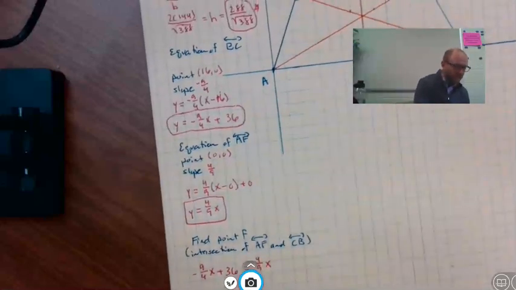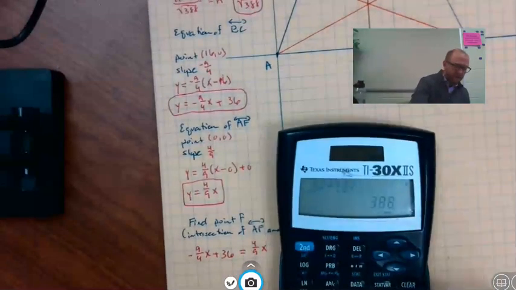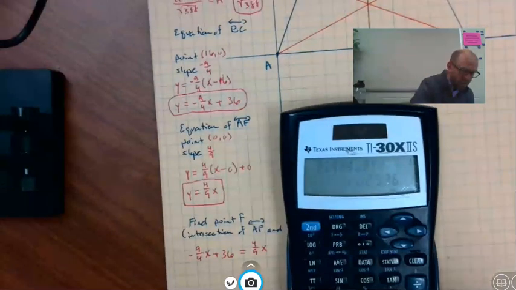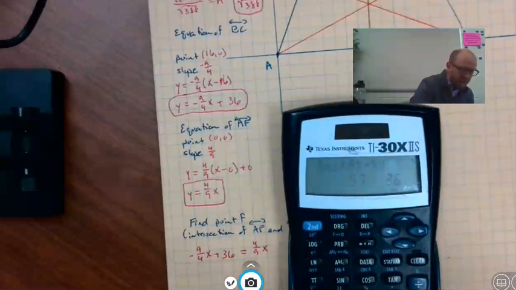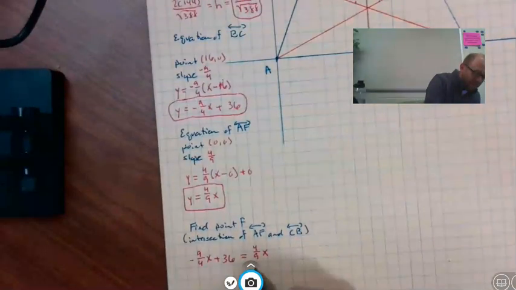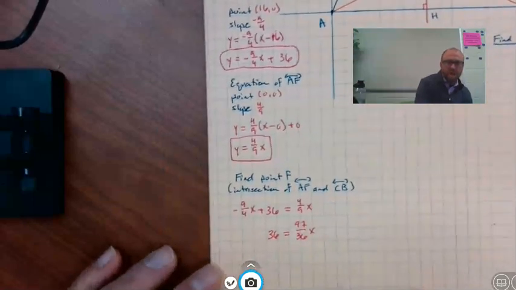I need to add 9/4 to each side, and instead of fiddling around with a common denominator, I'll just use the calculator: 9/4 plus 4/9 gives us 97/36. So I have 36 equals 97/36 x, and I have to divide by 97/36.